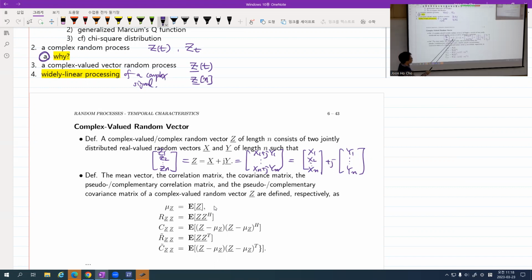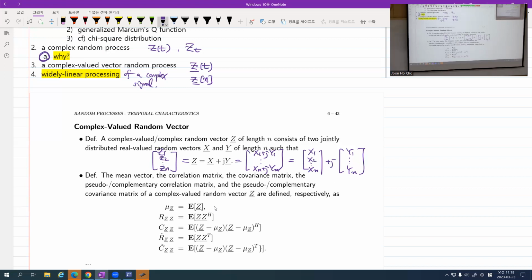Especially, we have to know the joint distribution of these two vectors. Otherwise, we do not have a full characterization. Anyway, so a complex valued random vector Z of length n consists of two jointly distributed real valued random vectors X and Y of length n each. Got it?